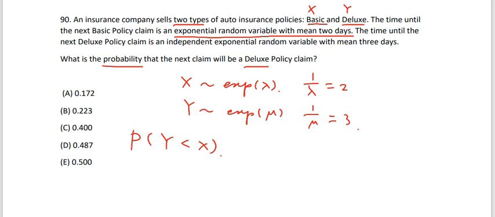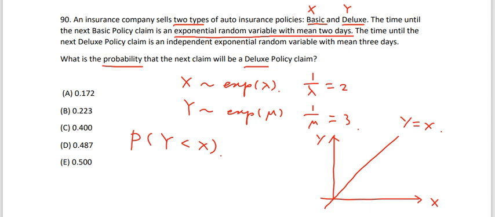So x from 0 to infinity, y also from 0 to infinity. This is the line y equals x. Where is the range for y less than x? This part, y less than x.